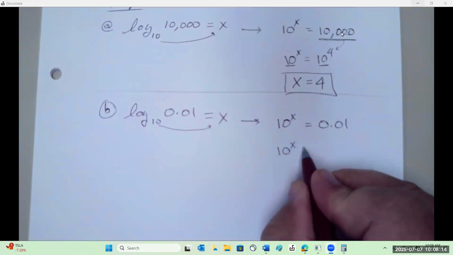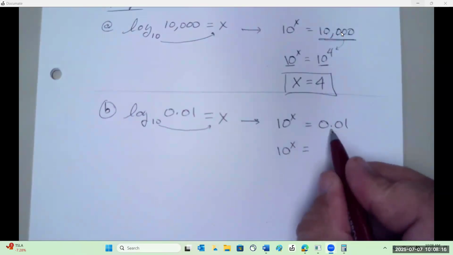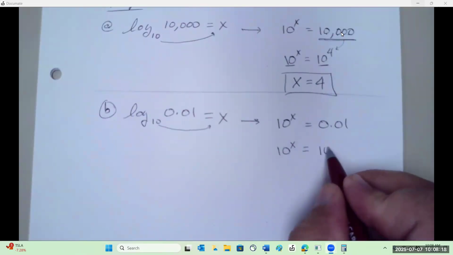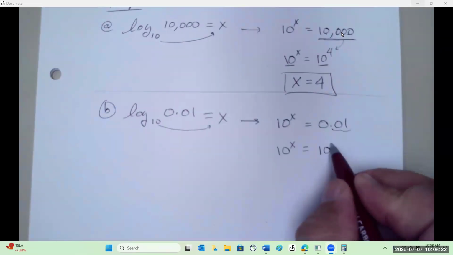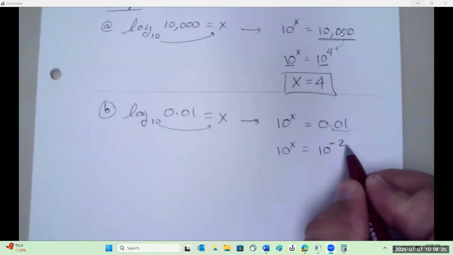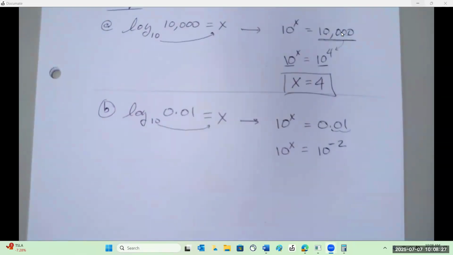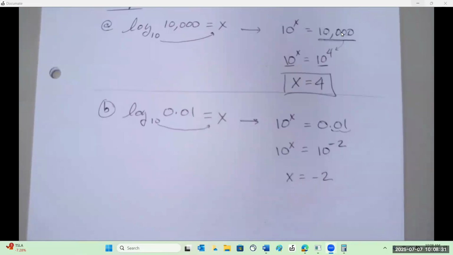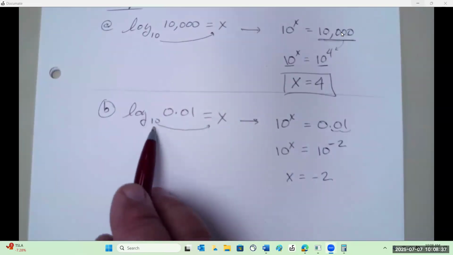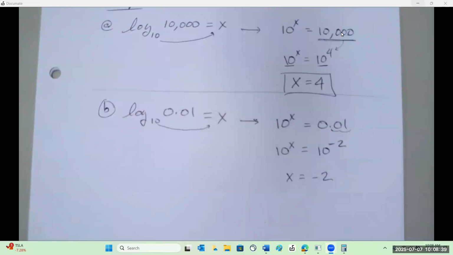We try to get it into the same base. Since all I have to do is move decimals, I have to move it 2 spaces from the left. So x is equal to -2. So log base 10 of 0.01 equals -2.